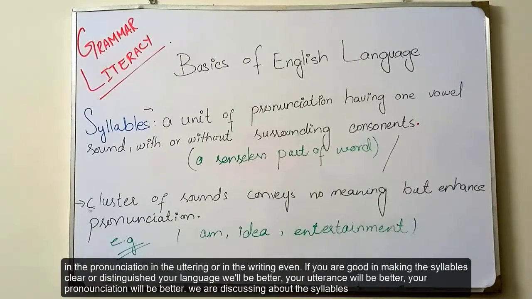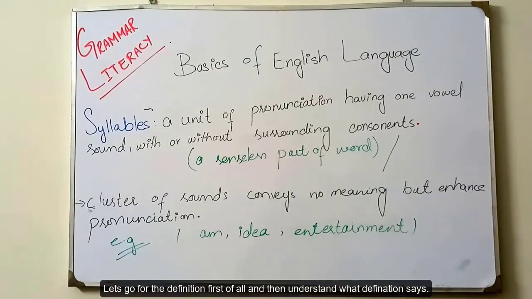In pronunciation, in uttering, or even in writing, if you are good at making syllables clear or distinguished, your language will be better. Your utterance will be better, your pronunciation will be better. So first of all, we are discussing syllables.